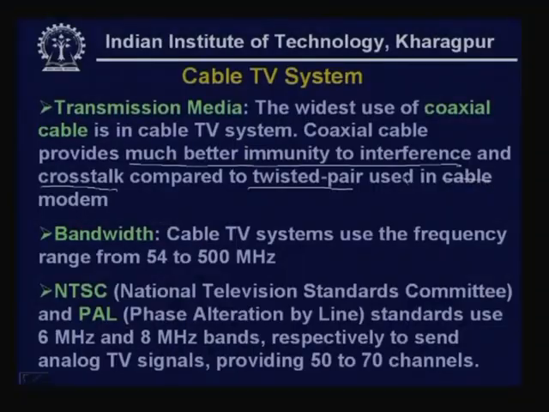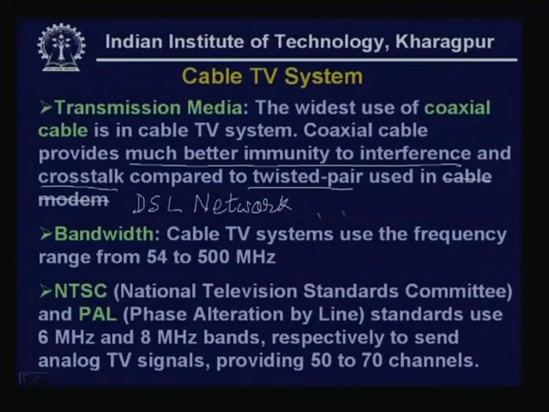As you have seen in the DSL network, the twisted pair is used and the actual bandwidth is much less than the highest possible bandwidth.